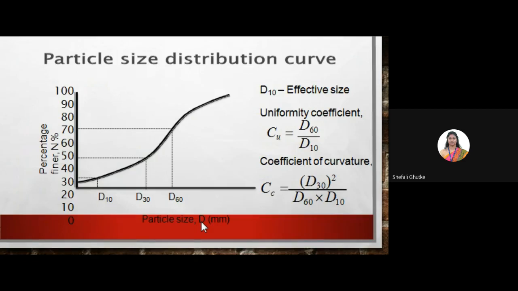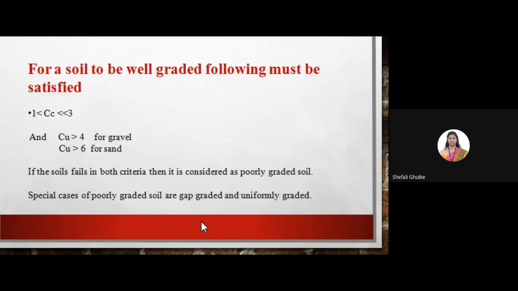So the uniformity coefficient, represented by Cu, is equal to D60 by D10, and the coefficient of curvature, represented as Cc, is D30 squared divided by D60 times D10. For a soil to be well graded, the following criteria must be satisfied.